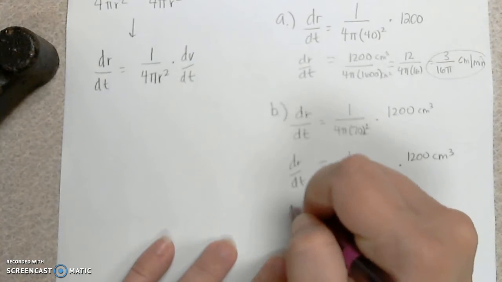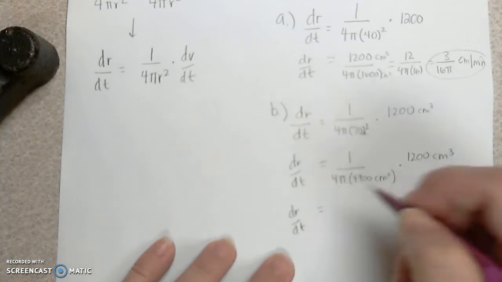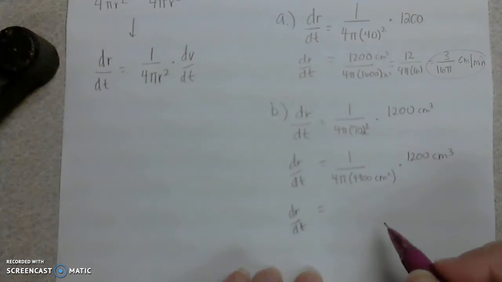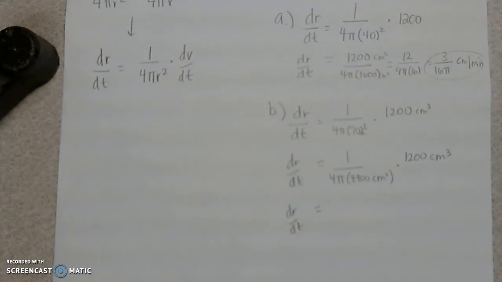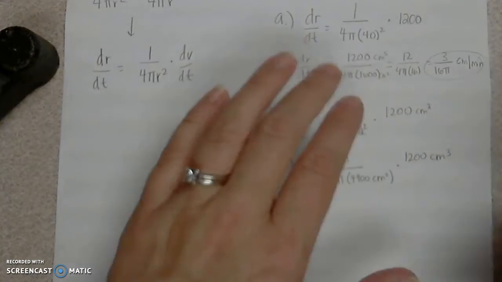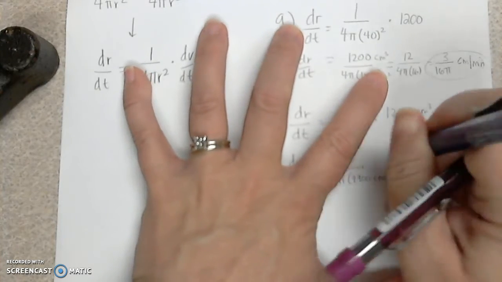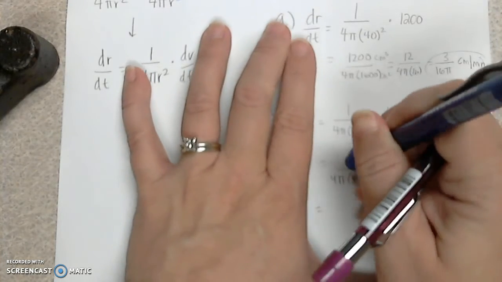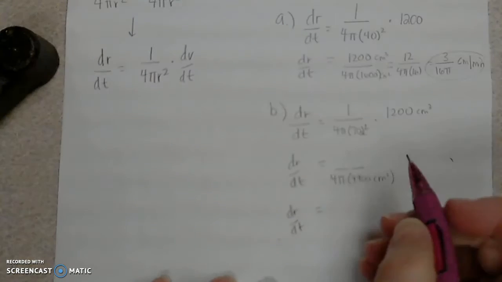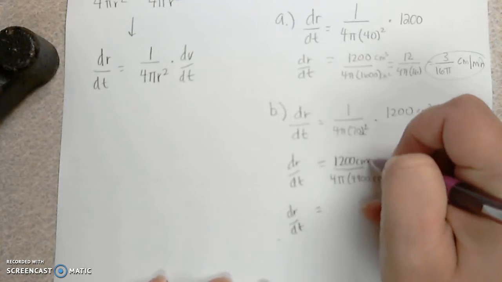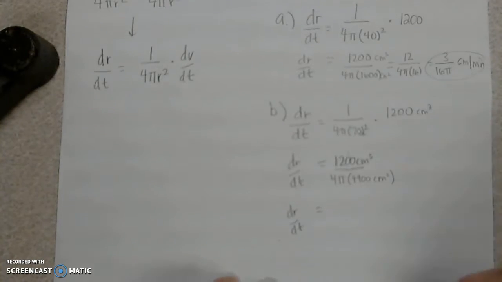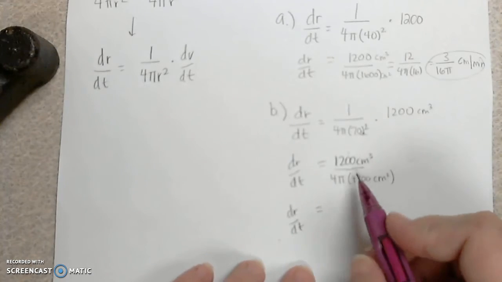Now let's just go through and do some simplifying here. Let's write it like this, with 1200 centimeters cubed on top. Now I can simplify those.